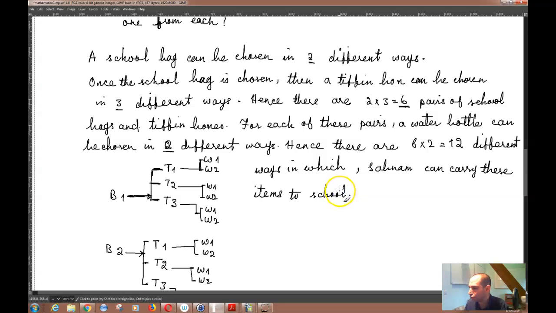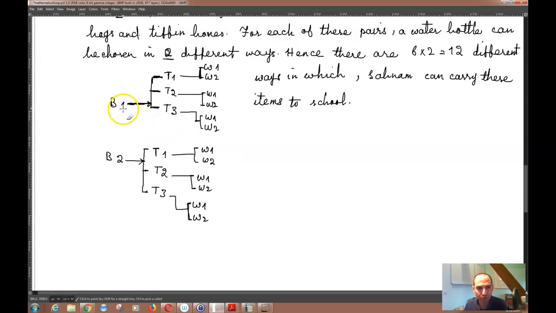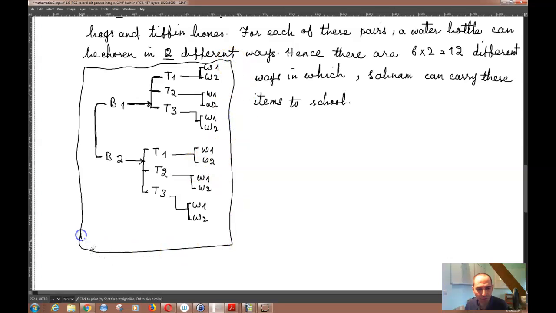If we name the 2 school bags as, for example, B1, B2, and the 3 tiffin boxes as T1, T2, and T3, and the 2 water bottles as W1 and W2, then these possibilities can be illustrated this way. So you have these 2 water bottles, and this whole illustration that you can see over here.